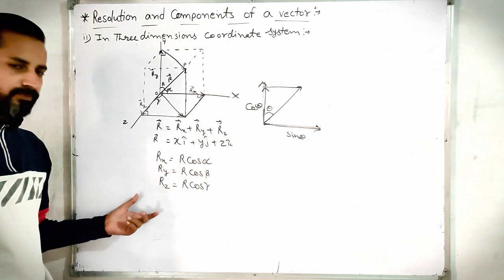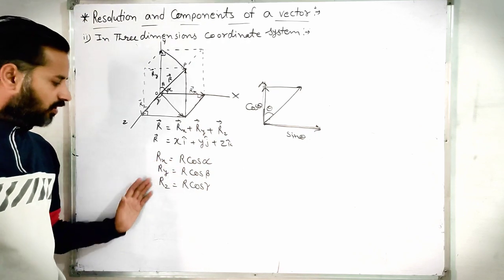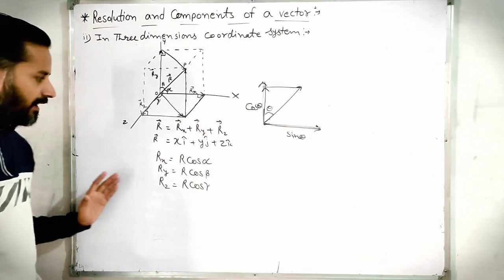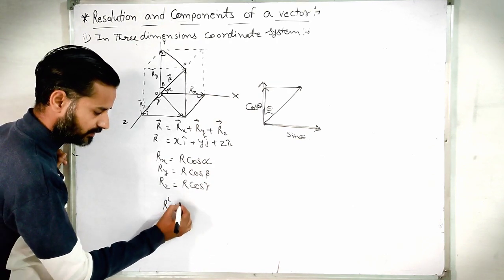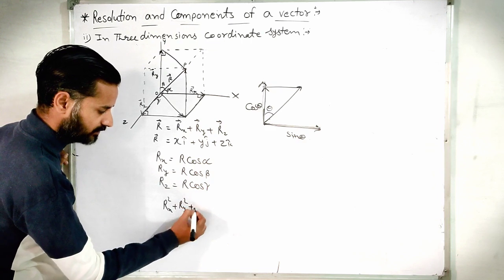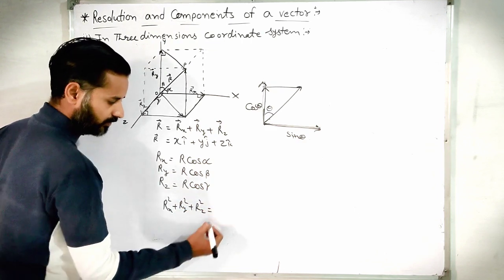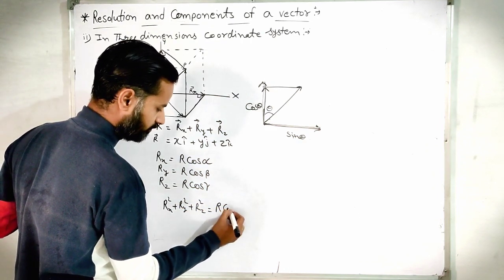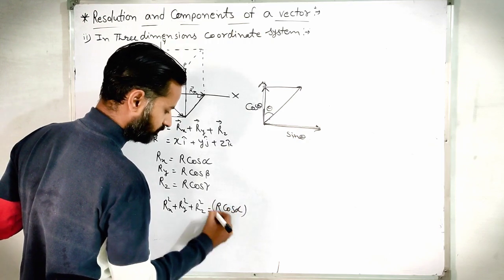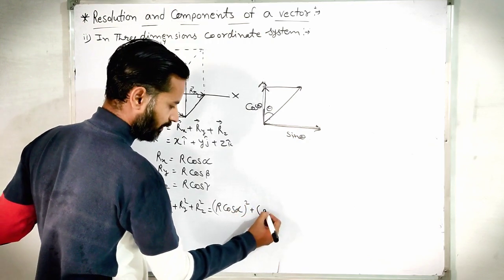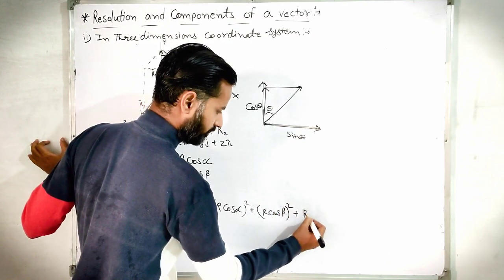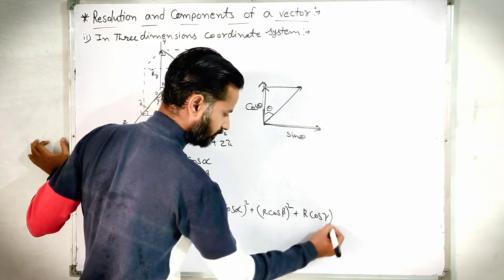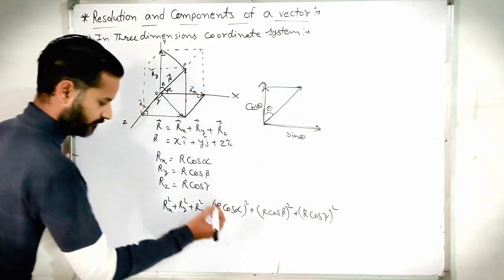If we square all these three equations and add them, what do we get? Rx square plus Ry square plus Rz square equals R square cos square alpha plus R square cos square beta plus R square cos square gamma.